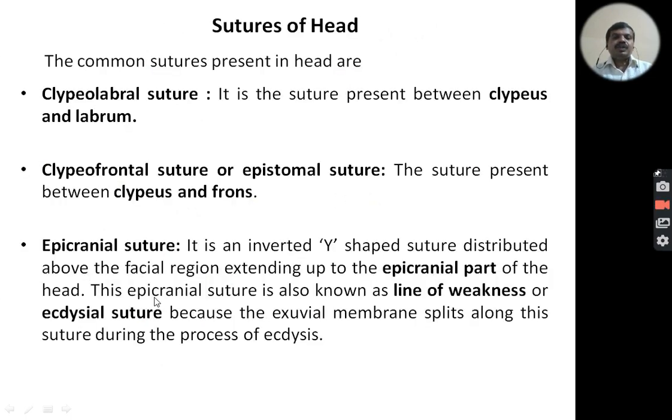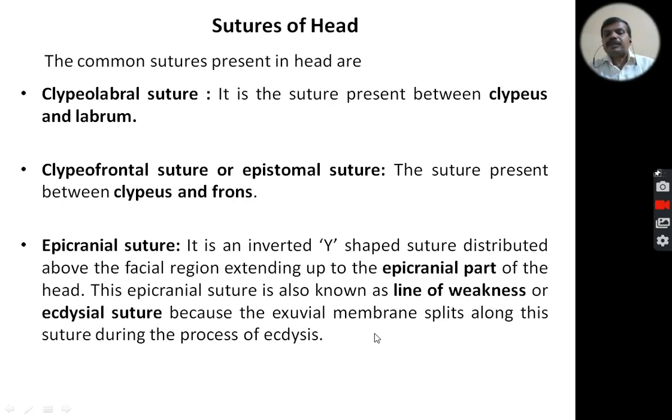This epicranial suture is also known as the line of weakness or ecdysial suture, because the exuvial membrane splits along this suture during the process of ecdysis.